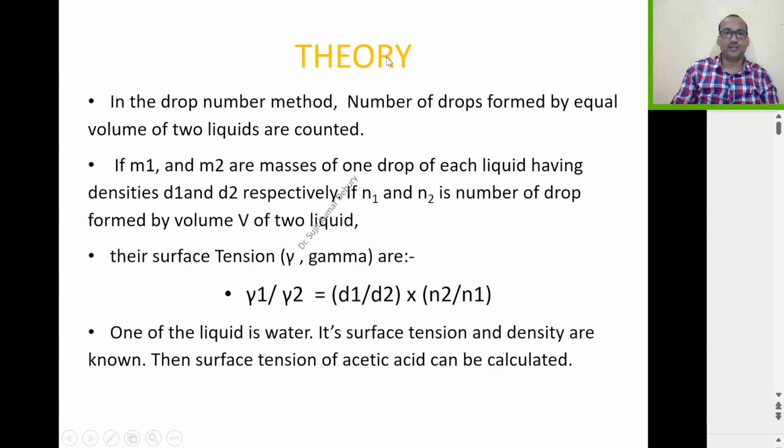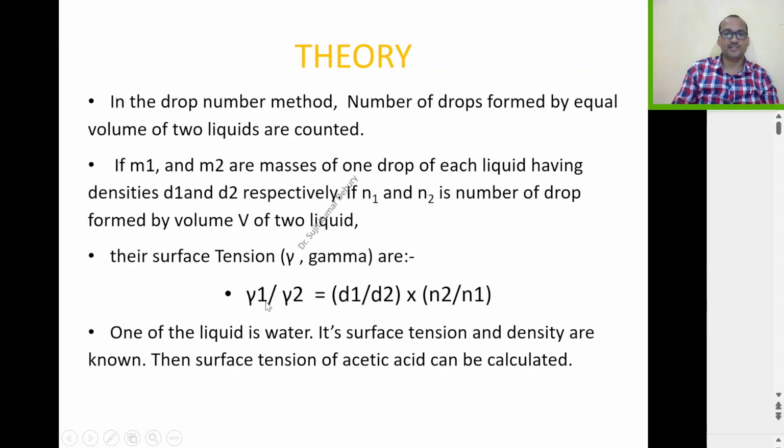So this is the theory behind this experiment. Basically, in the drop number method, the number of drops formed by equal volume of two liquids are counted. And this number of drops are related to the surface tension of the liquid and the density of the liquid.